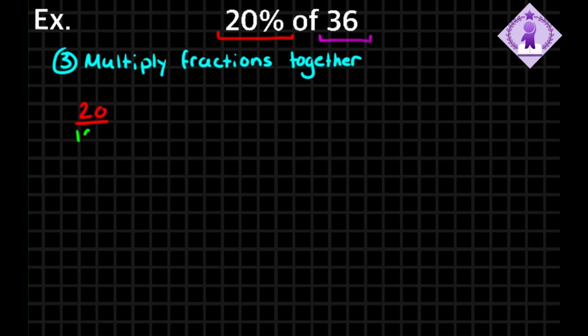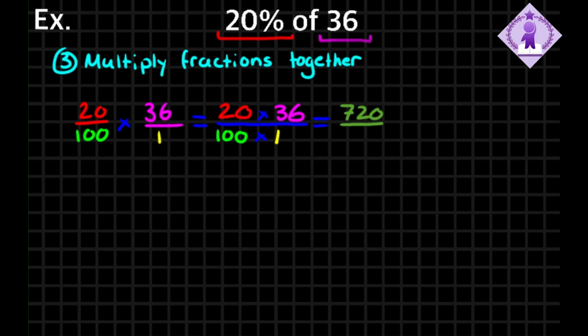Multiply the numerators together, 20 times 36, and multiply the denominators together, 100 times 1. You will get 720 over 100 as your final answer for this step.